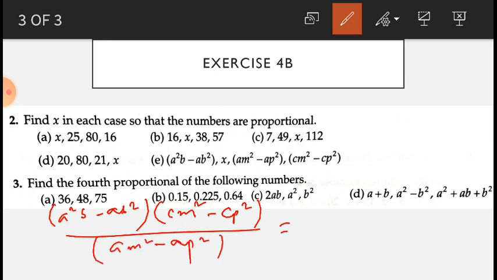This is the actual value of x. So now you have to do some calculation if it is possible, or if it is not possible, then you have to be okay with it.